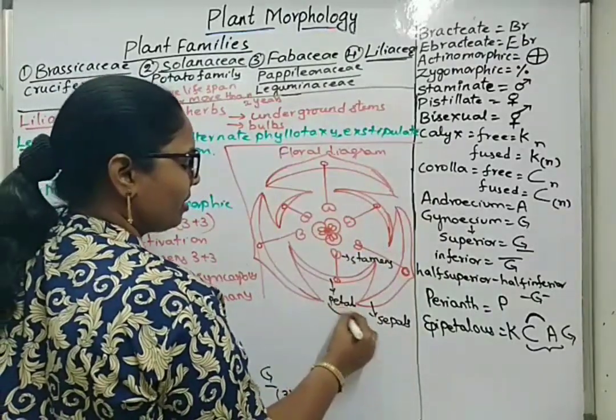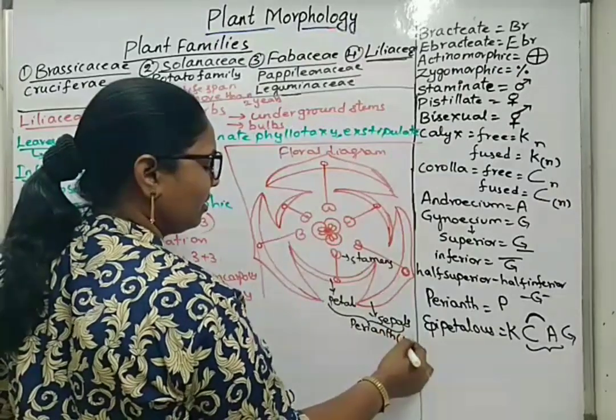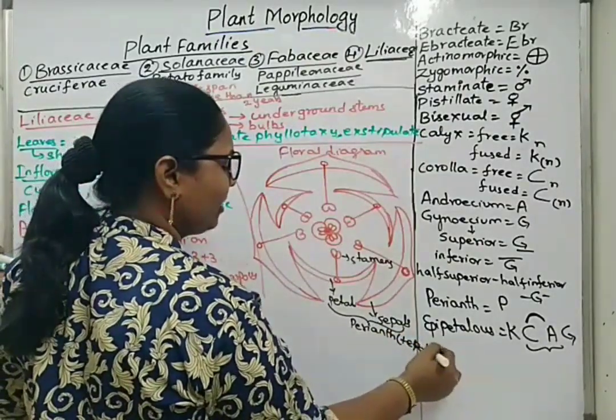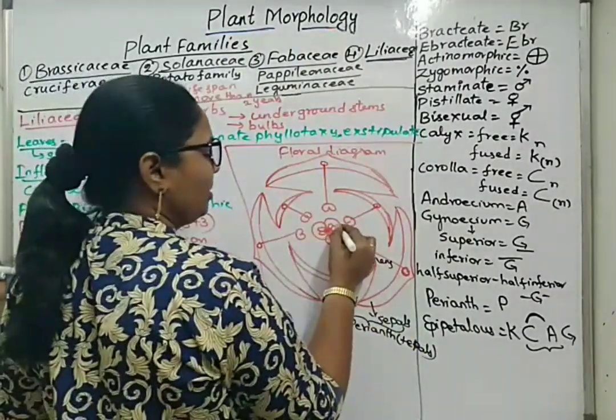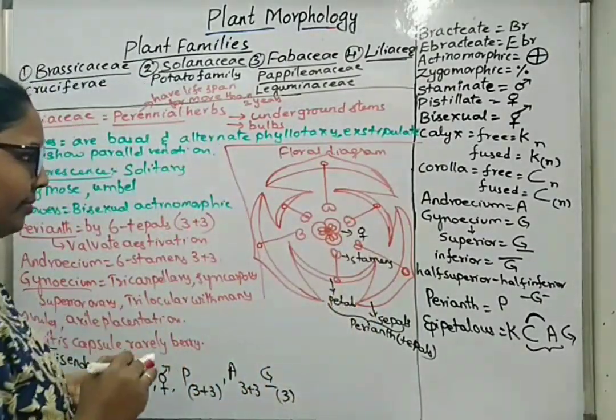Both of them are fused, so combinedly we give the term perianth, nothing but tepals. So this is gynoecium. It is the female reproductive structure.